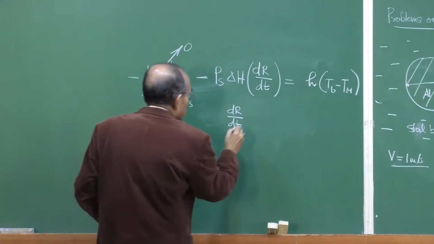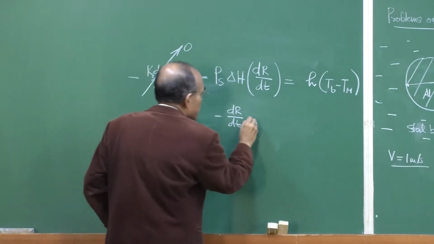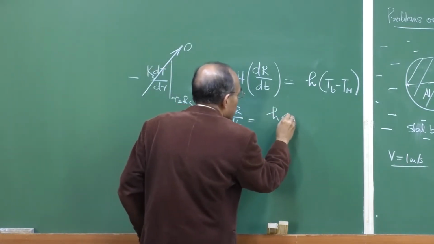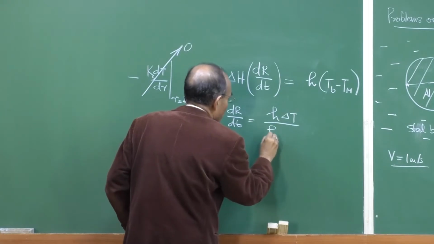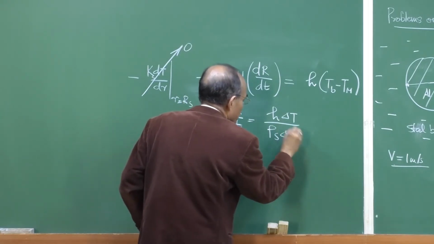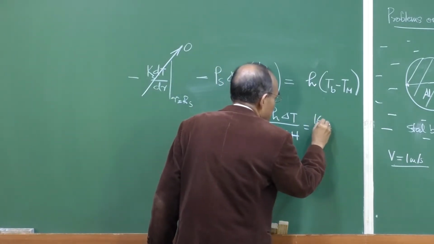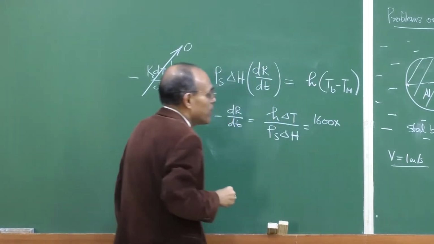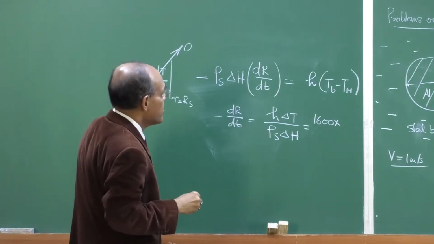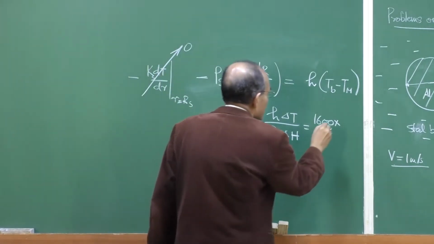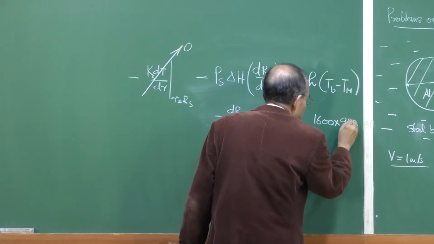So, therefore, I can say that radius is decreasing, and then a very simplified h delta T divided by rho s into delta H, and then you substitute the value. h is equal to 1600, then temperature difference is 1600 minus 660. So, that is equal to 940, that is the temperature difference.